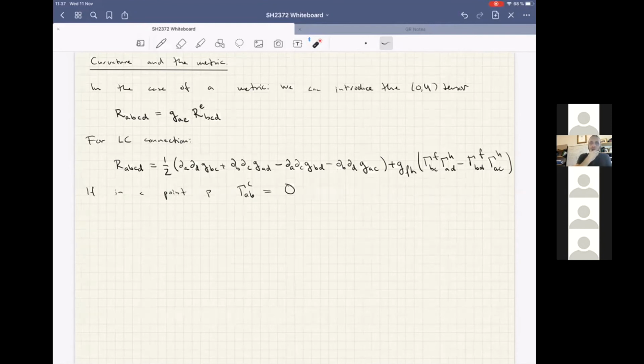Okay, but the point we want to make here is that we're going to be able to look at this expression, and we're going to be able to reduce the number of degrees of freedom that we have in the metric tensor, because in the curvature tensor.